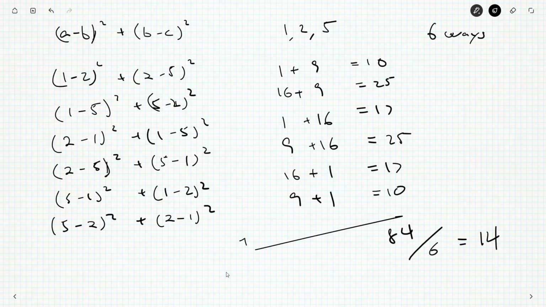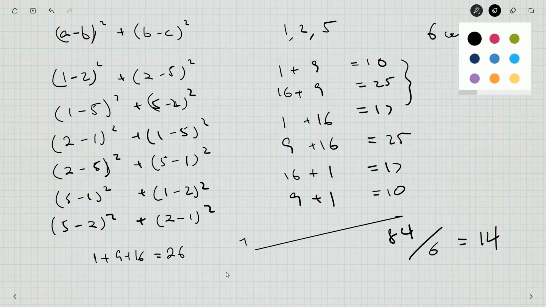Now, how does this relate to 10, 25, and 17? Well, I think it's just the average of them, to be honest. So, what have we got here? 1, 9, and 16 actually adds up to 26, which sadly does not relate to 14 very easily.